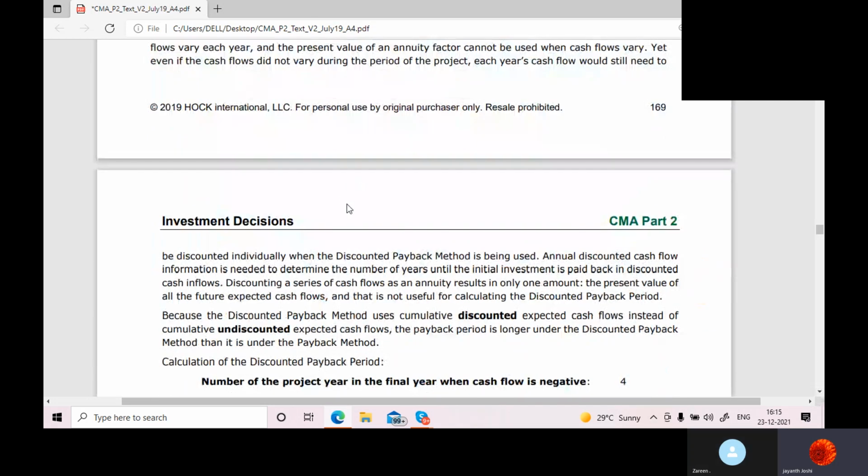Let's understand something about this payback. Payback period is also one of the methods of investment decision. Here we considered two geographical locations, and finally with the payback period assumption we decided B is the location where we should start our production. That decision regarding the production happened because the payback period method assisted you.